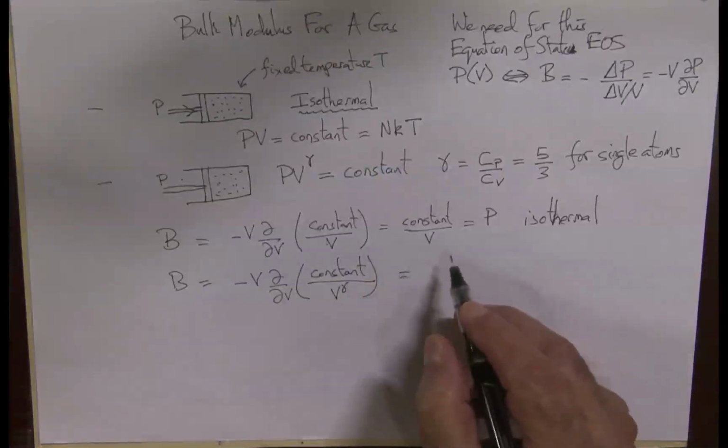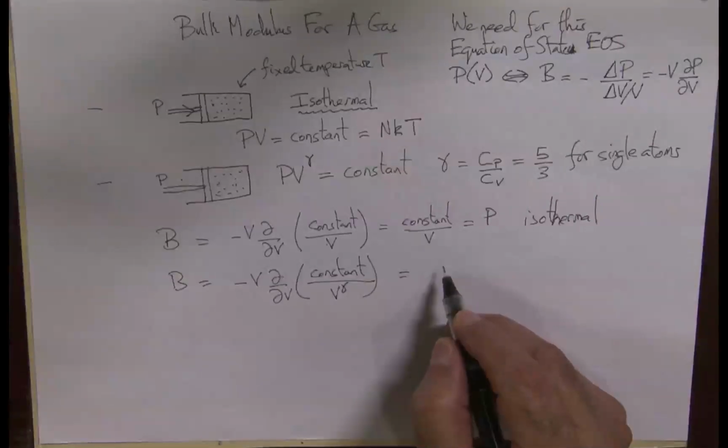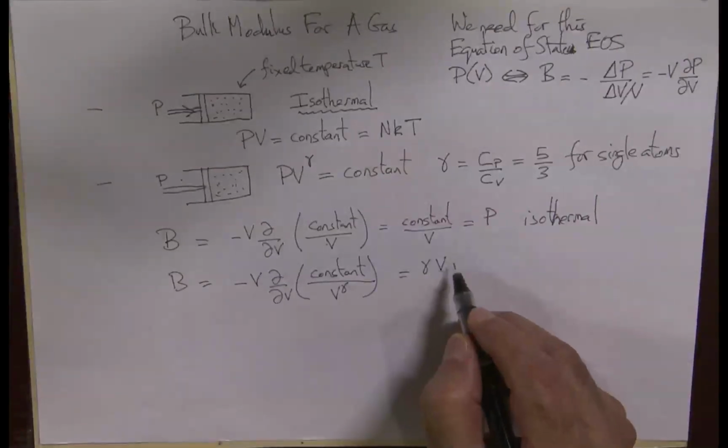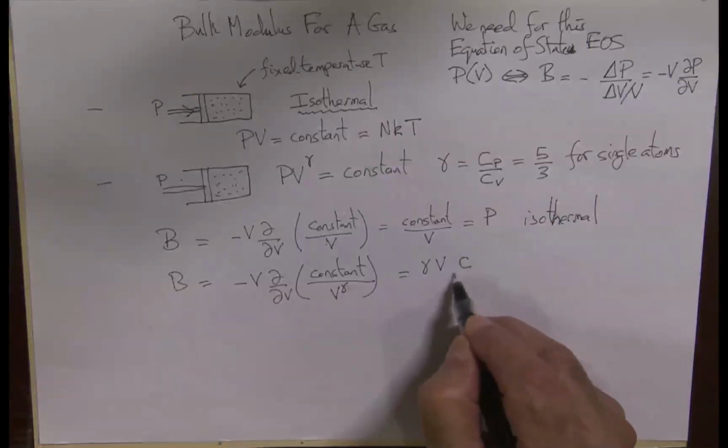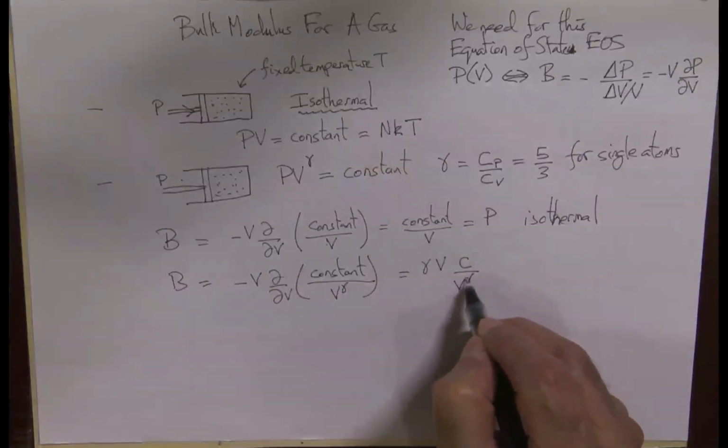And now this here will give gamma V into C over V to the gamma.